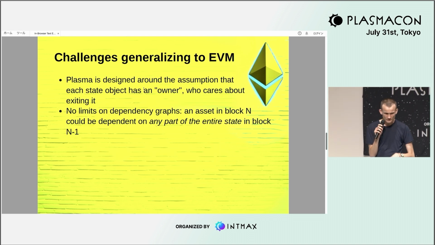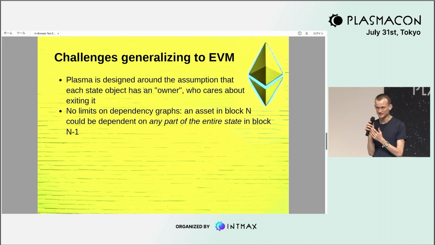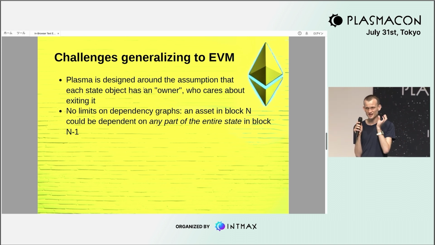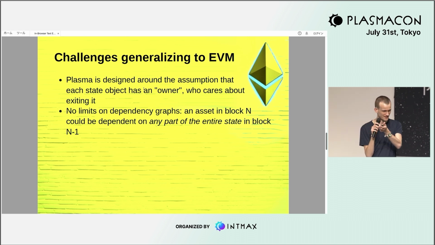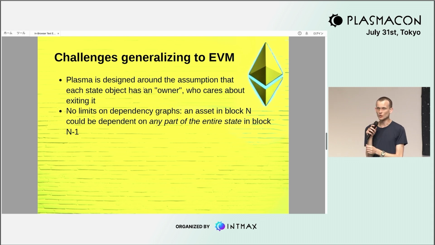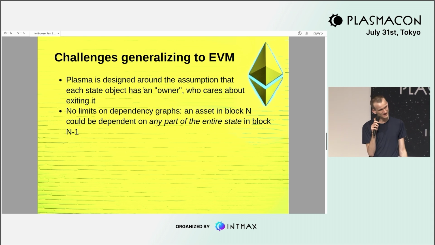So challenges in generalizing to the EVM, right? Plasma is designed around the assumption that each state object has a specific owner who cares about exiting it, right? So like we saw back in the examples, if you're George and you have coin number 6, you only care about coin number 6. You do not need to care about coin number 1. In the EVM, things do not really work this way, right?